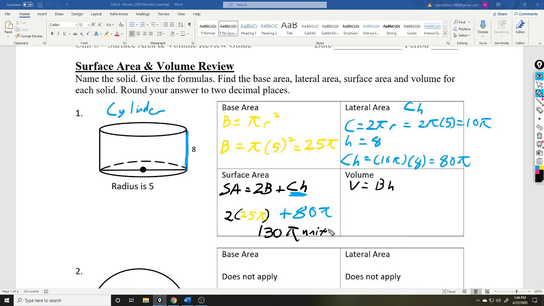units squared. And then our volume is just area of the base times the height. So we're going to multiply those together. Area of the base, well, area of the base is up here. It's 25 pi. Right, at this point, it's just putting our pieces together and plugging in the numbers. And then our height is 8.